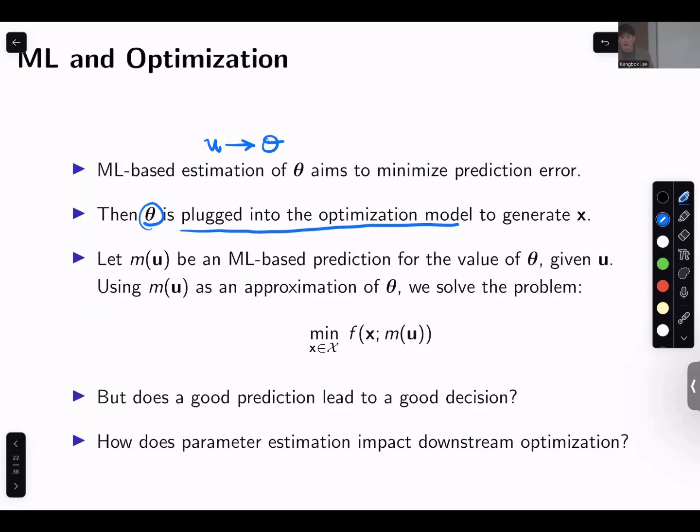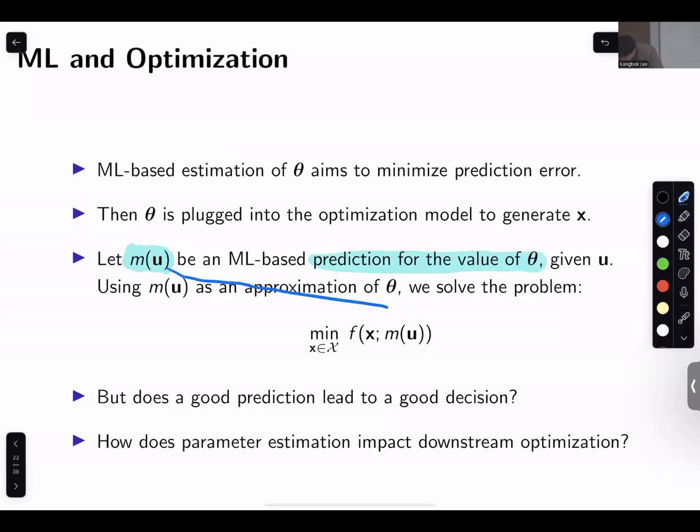And at the beginning of this lecture, I already criticized this sequential approach. Remember this? Traditionally, you use some kind of machine learning to get a predictor, M of U, which is the prediction for the value of theta given U, and then you plug that into your optimization problem.